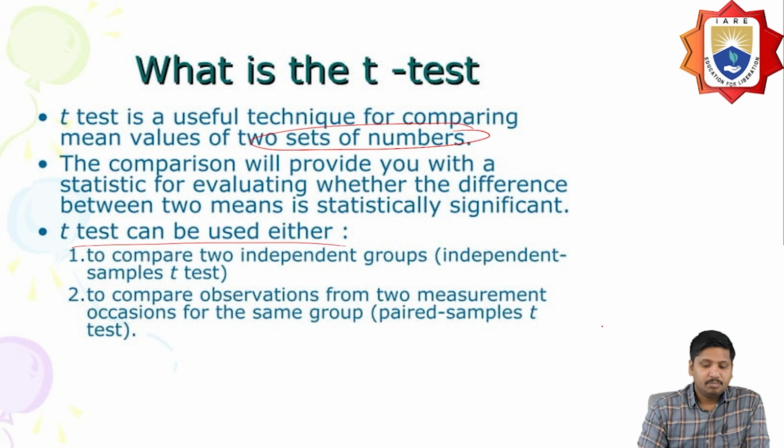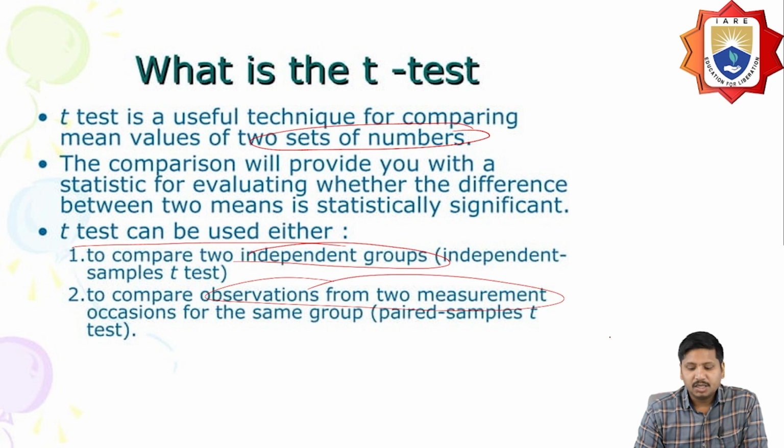The t-test can be used to compare two independent groups, and you can also compare observations from two measurement occasions for the same group. That would be the paired samples t-test.